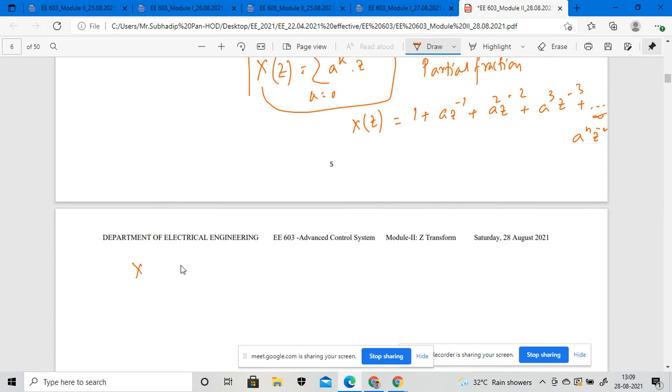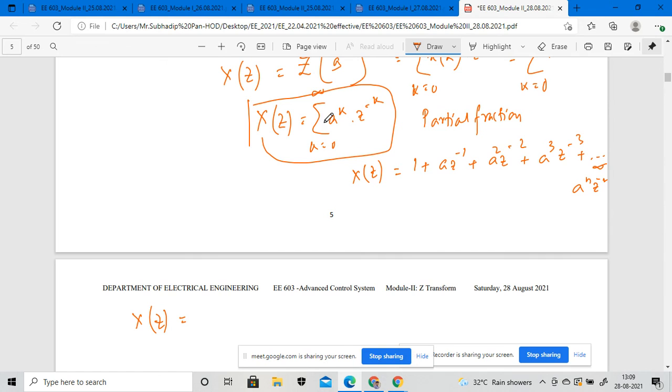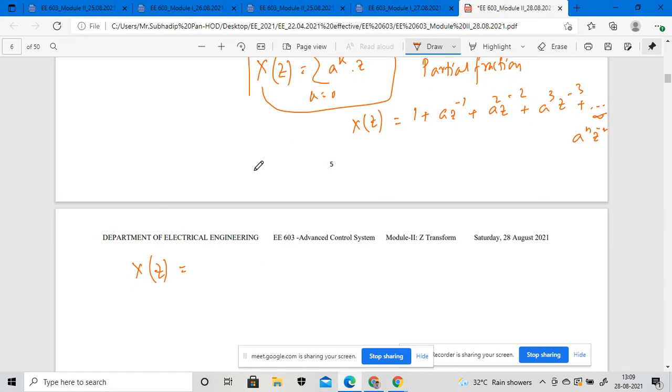If I apply the partial fraction to this equation, it will come like this: 1 plus a of z inverse plus a square of z to the power minus 2 plus a cube of z to the power minus 3 plus dot dot dot plus a to the power n z to the base minus n.